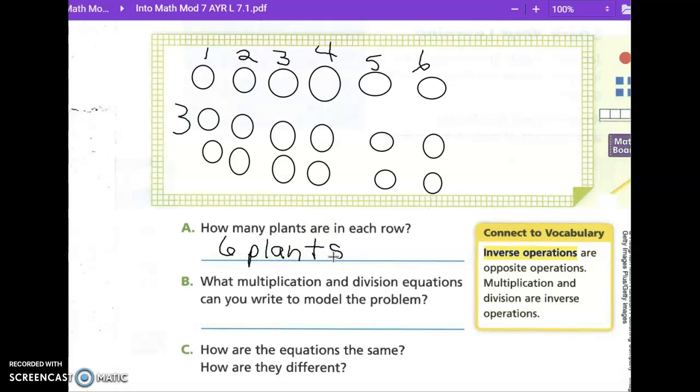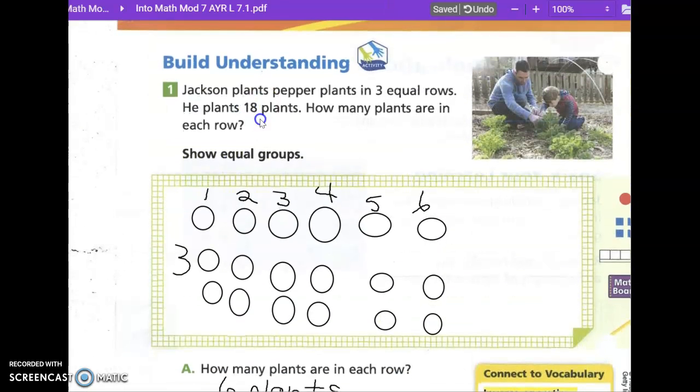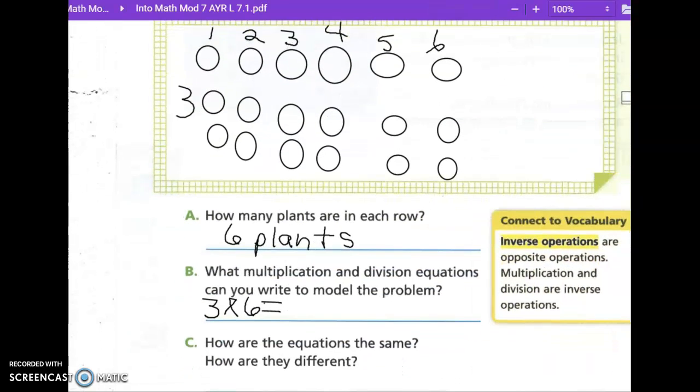What multiplication and division equation can you write to model the problem? So what would be our multiplication problem? How many rows do we have? 3 rows of, equals. That was up in our original problem. How many? 18. Okay.